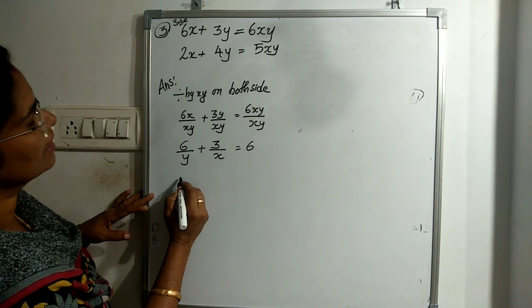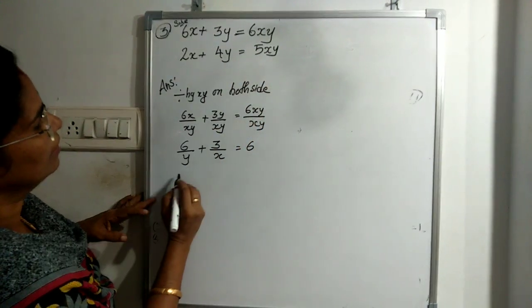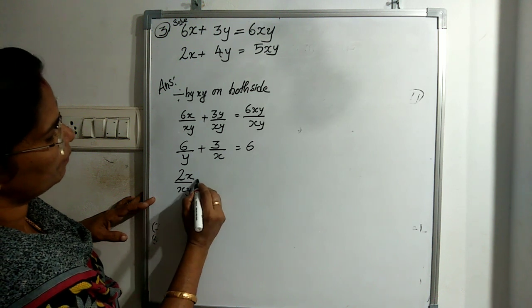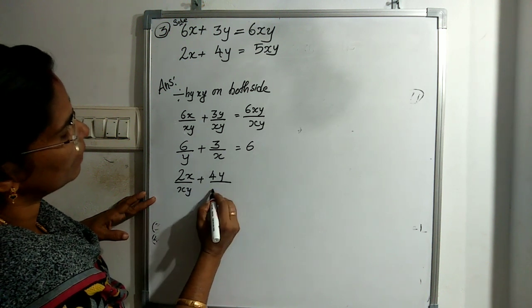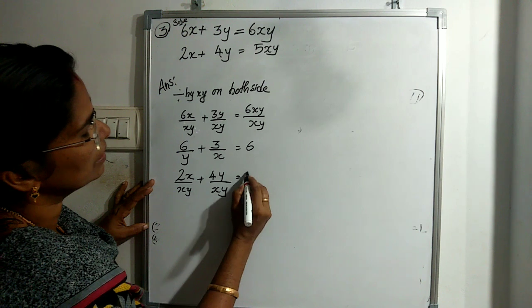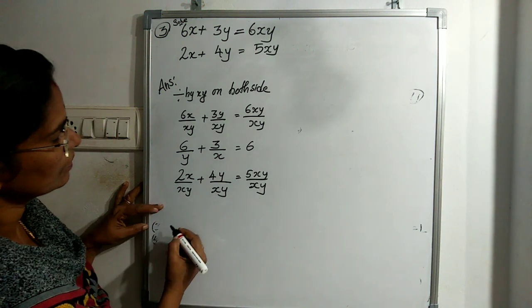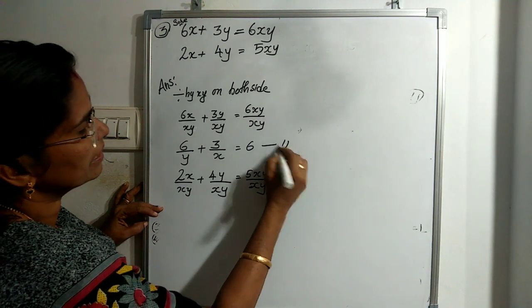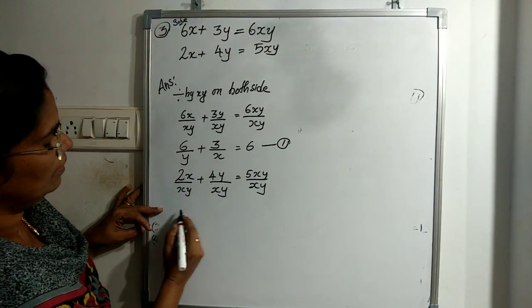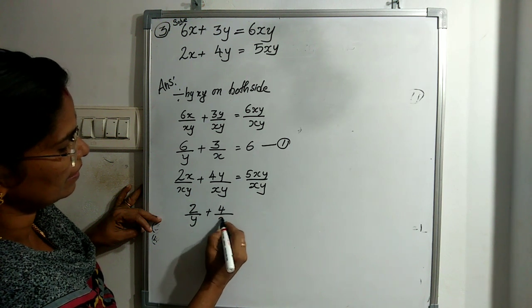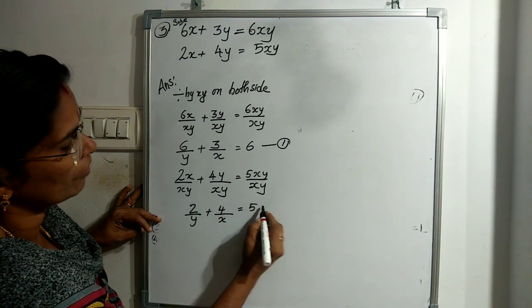And next, the second equation also, divide with the xy. So it becomes 2x by xy plus 4y divided by xy, that is equal to 5xy divided by xy. This is equation 1. Then it becomes 2 by y plus 4 by x, that is equal to 5.